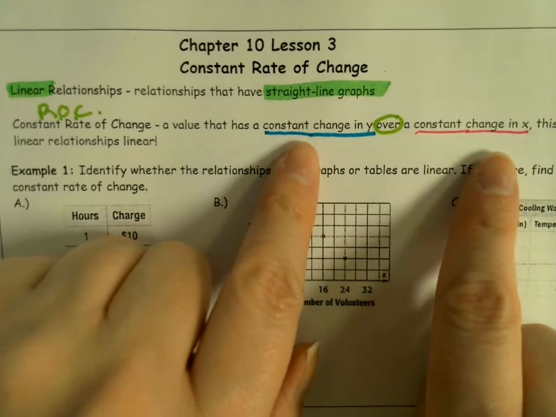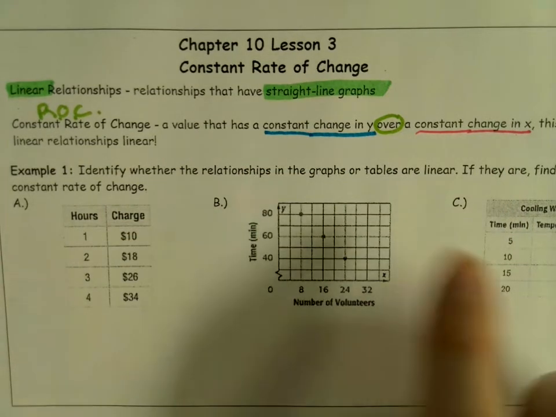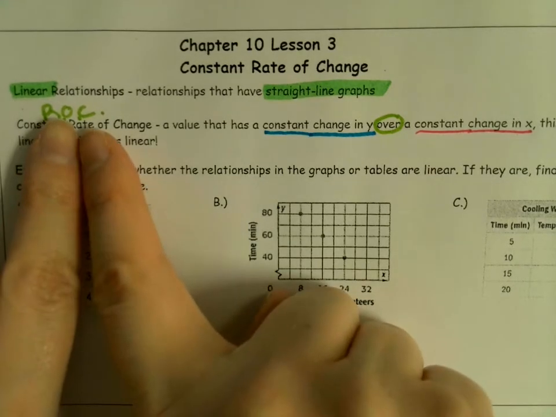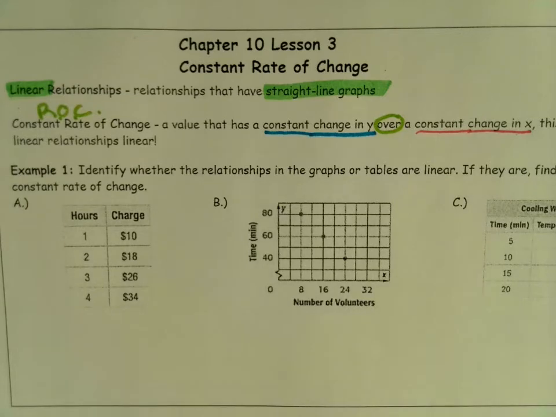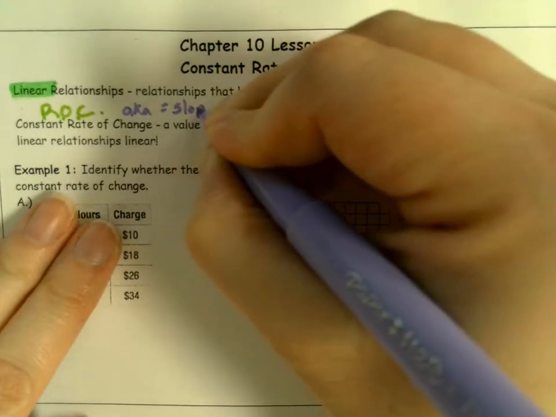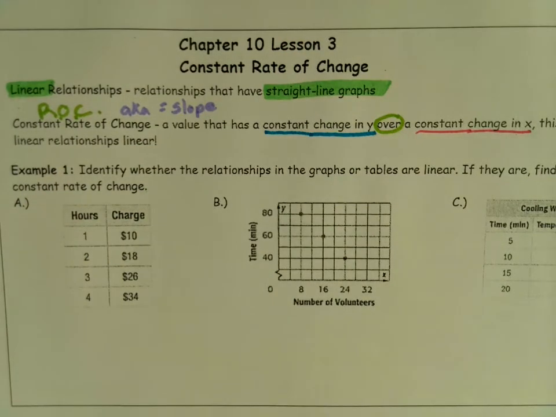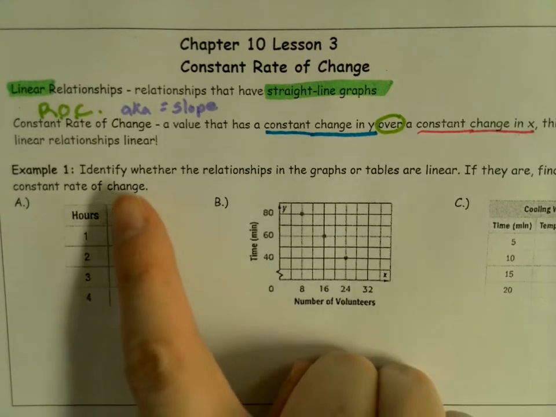So we're going to talk about what that looks like in just a second. But in order for there to be a linear relationship, you need a constant rate of change, also known as slope. You'll learn more about that next week. You have to have a constant rate of change or a slope in order for there to be a linear relationship.